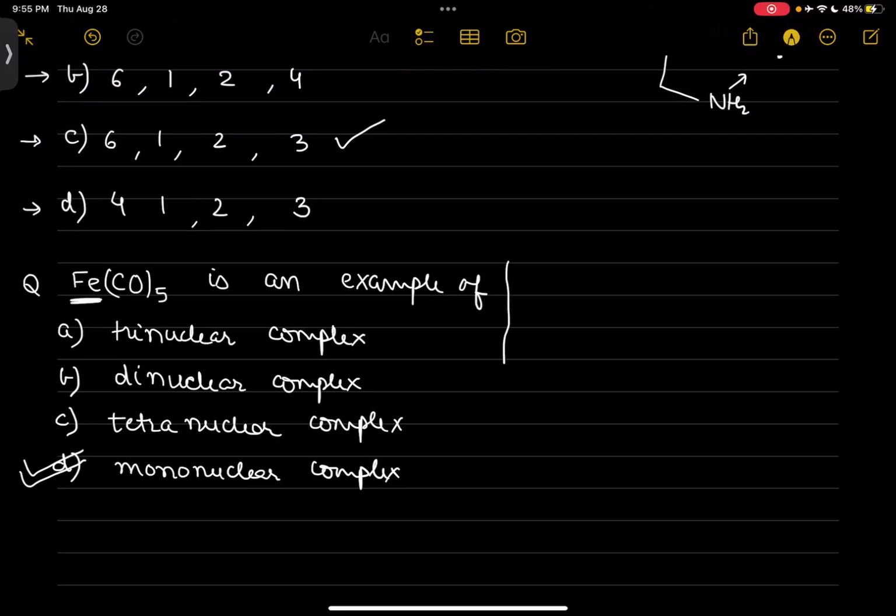Which is an example of a sigma bonded complex? This is actually on the basis of types of ligands. So this is an important question, but very easy also. But the hurdle which we are going to face while solving it is actually the common names.